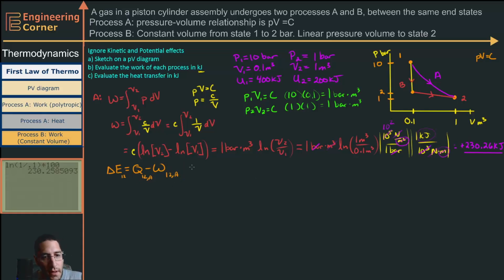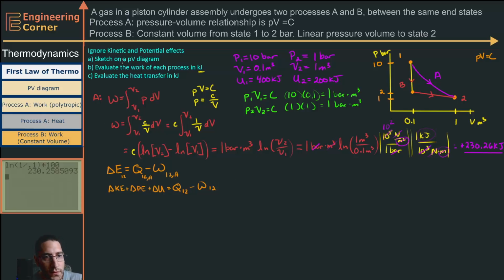Let's break apart our change in energy. Our change in energy is going to be the change in kinetic energy plus the change in potential energy plus the change in our internal energy, is equal to Q1 to 2, we know we're talking about process A, minus W1 to 2.